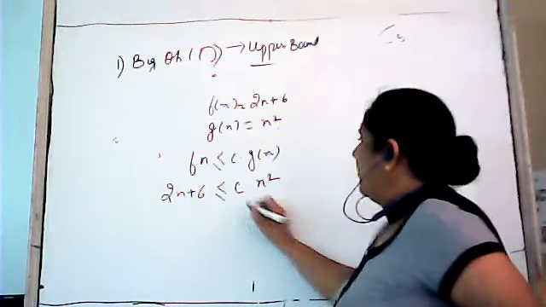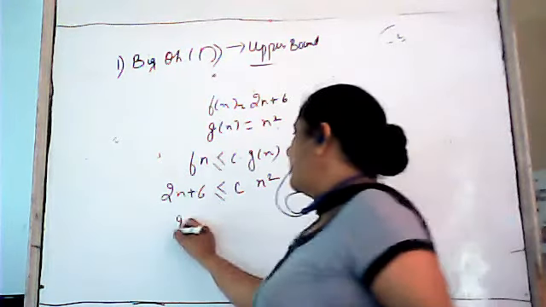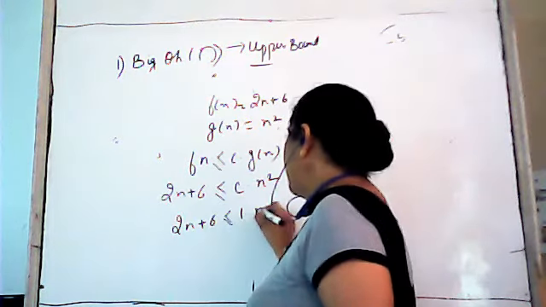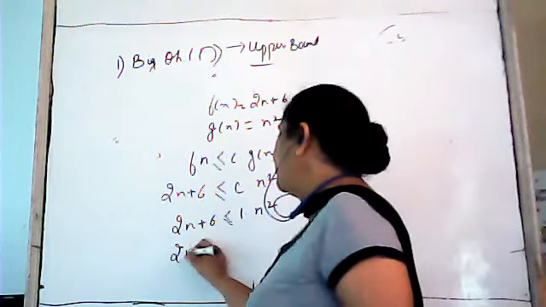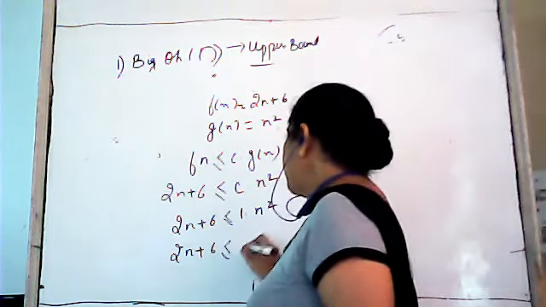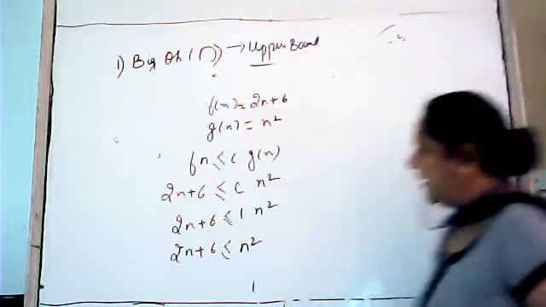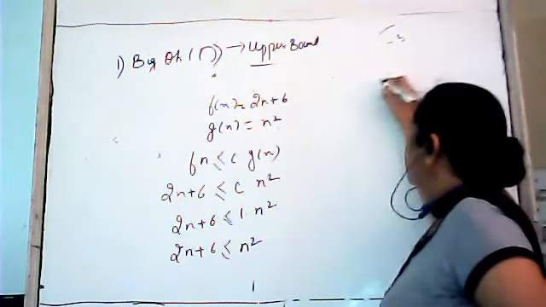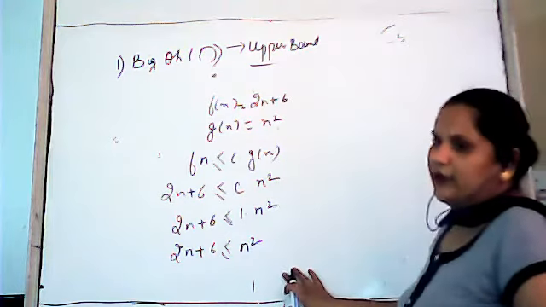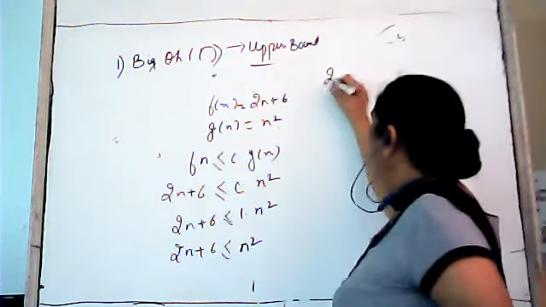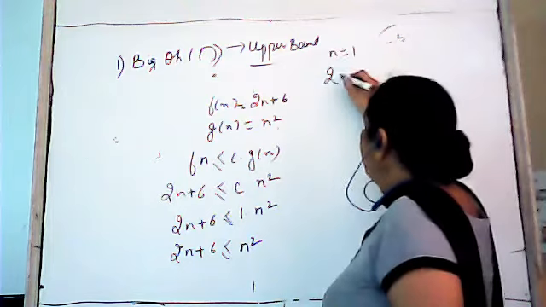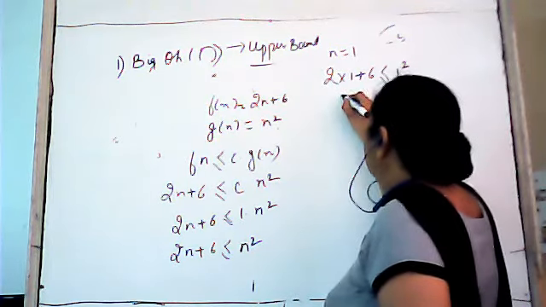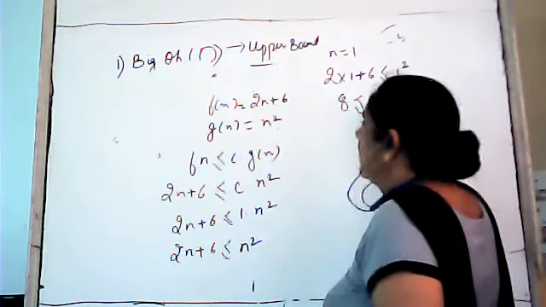See, if I put c as 1, the relation becomes 2n plus 6 less than 1 dot n square, or 2n plus 6 less than n square. Substitute n equal to 1: 2 into 1 plus 6 is less than 1 square. 2 plus 6 is 8. 8 is not less than 1.